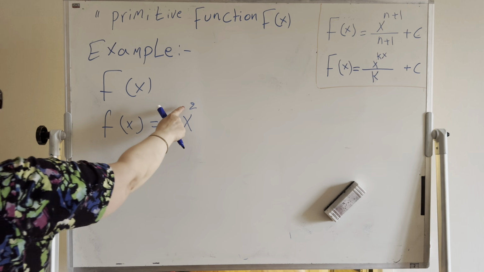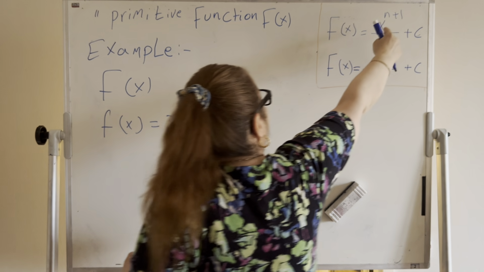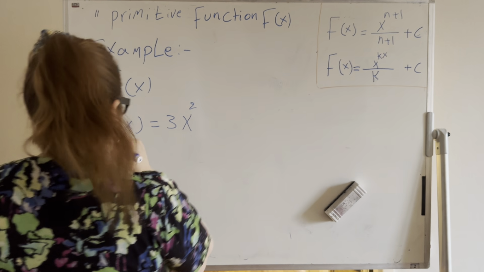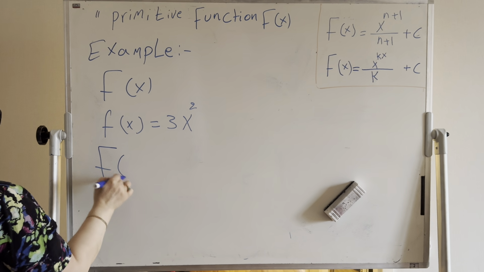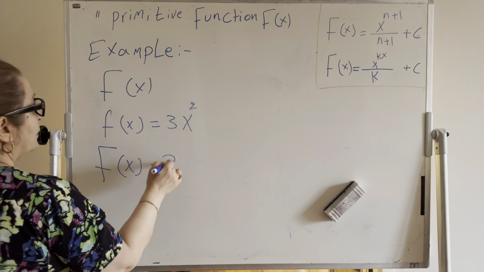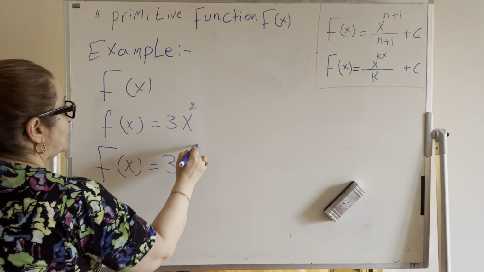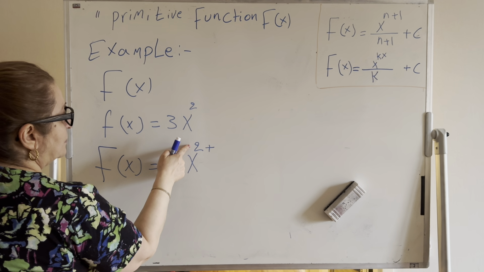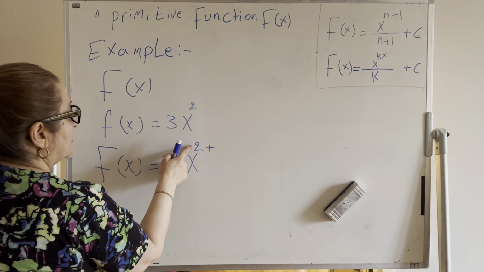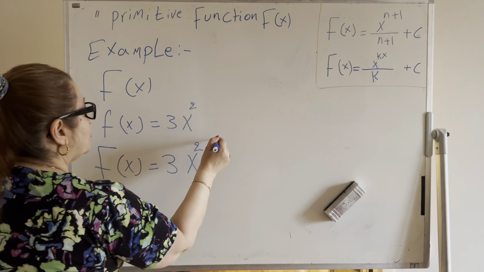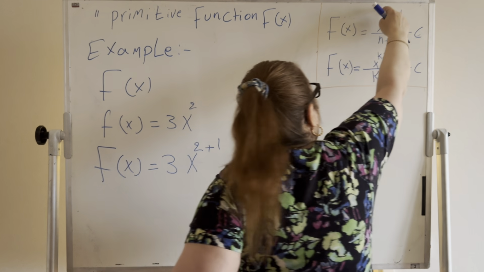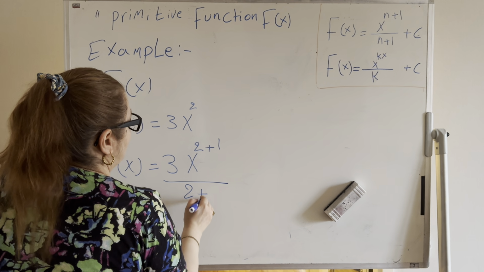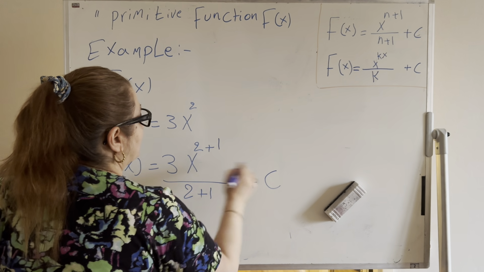I know the power is 2, now n is 2, plus 1. The primitive function will be 3x power 2 plus 1, which is n plus 1, divided by 2 plus 1, plus the constant c.